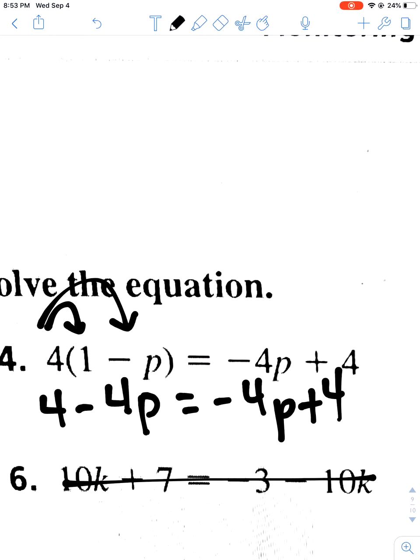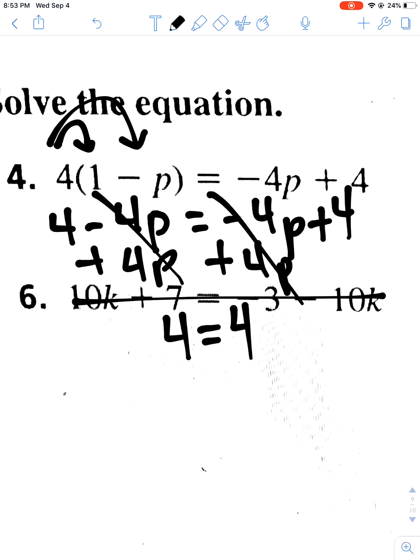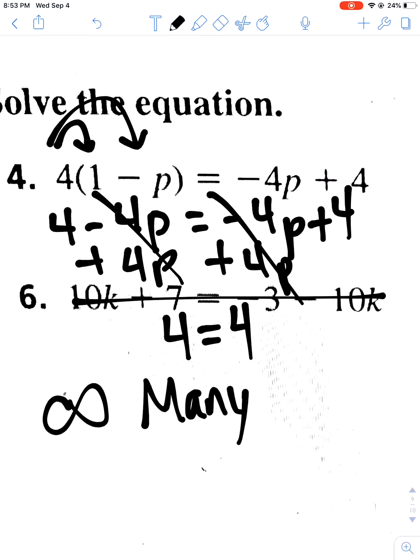I need to get my like terms together. So I need to move the 4p's. To do that, I've got to add, though. But that cancels. And that cancels. And I'm just left with 4 equals 4. Well, 4 equals 4. That is true. So this is an infinitely many solutions.